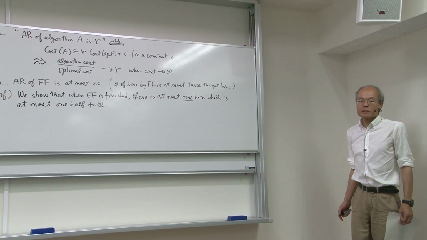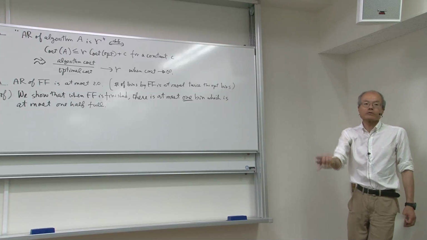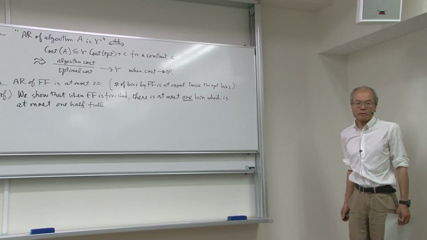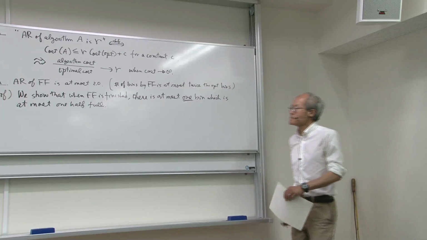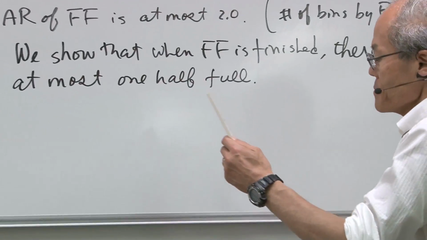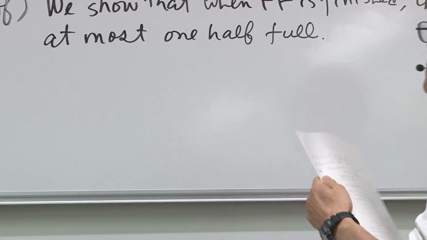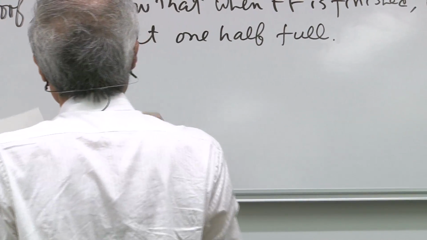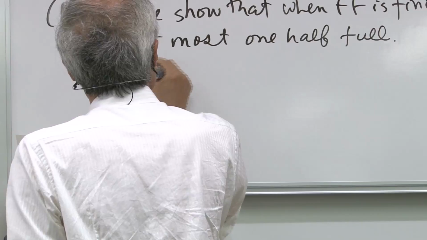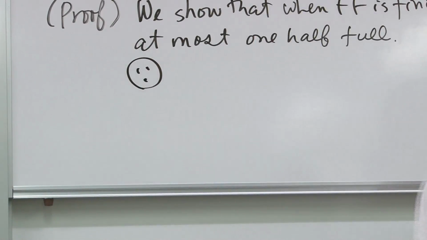All the other bins are more than one half full. Why?